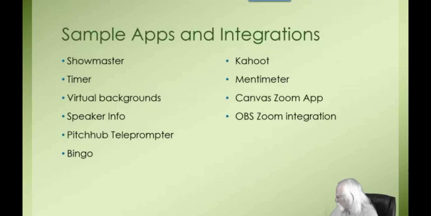I am going to sign in here to another Zoom account that I have so I don't disrupt my meeting here. So I can see this happening in real time.